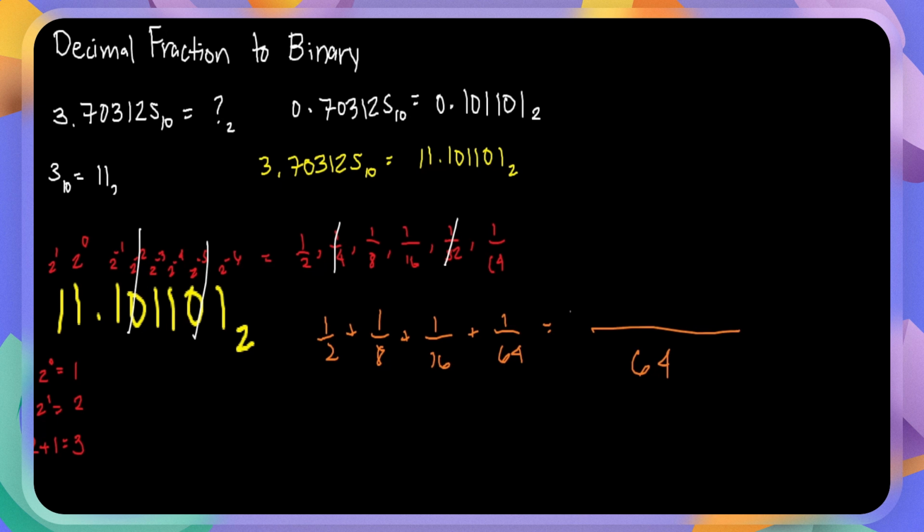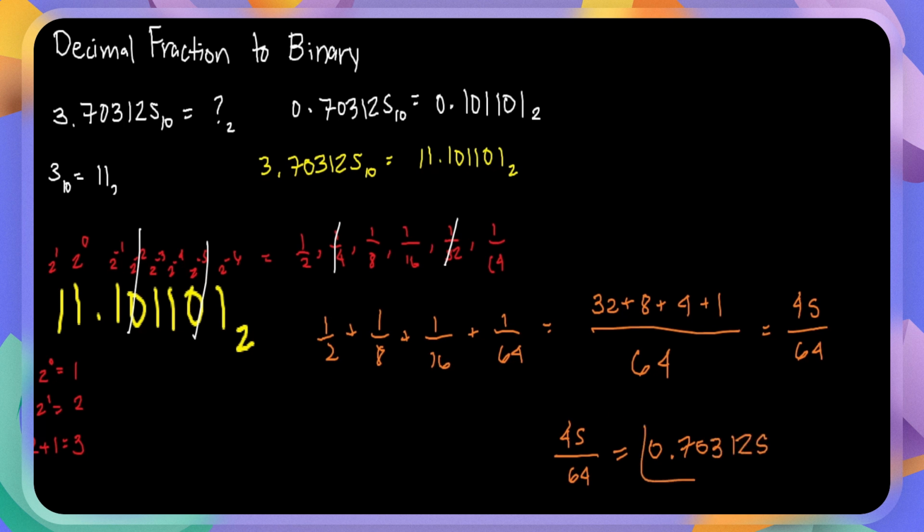And then we can do this. So that's going to be 45 over 64. 45 over 64 is equal to 0.703125. And as you can see, this is the same as our answer here.